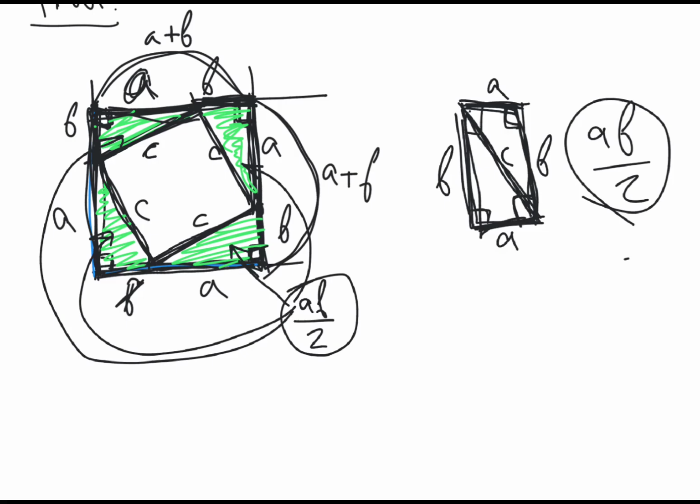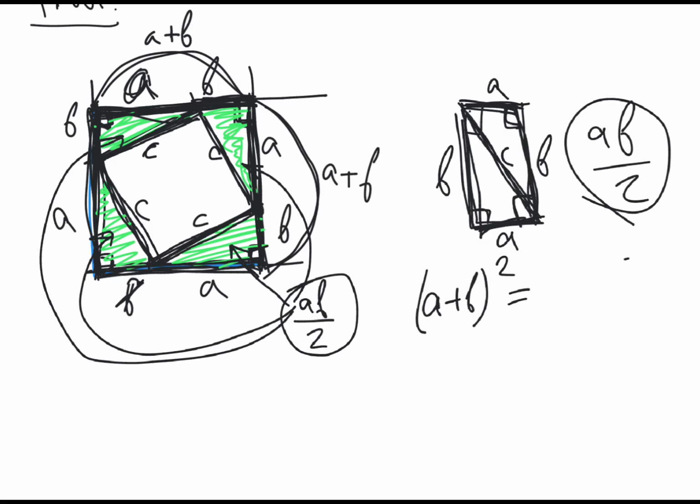So now if we calculate the area of the whole large square, we calculate it in two different ways. So first it's just the side of this large square squared. So A plus B squared. This is the area of this large square. On the other hand, it's equal to the sum of the areas of the parts that we see on the picture.